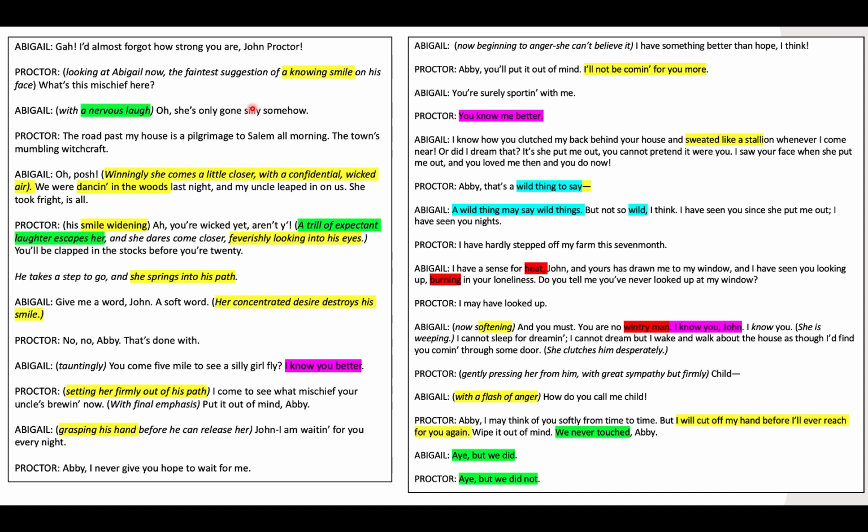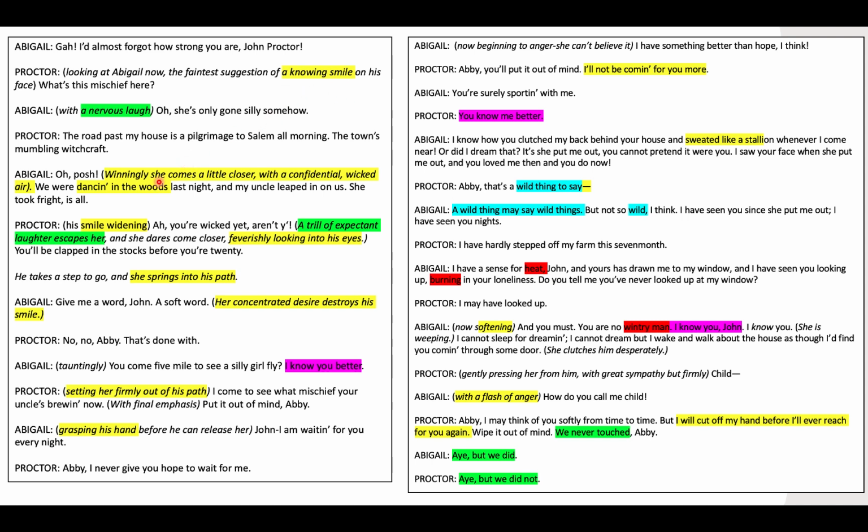And this idea of desire, a knowing smile, instantly stood out to me. So Proctor's knowing smile. Now he does change throughout this extract, so I thought it would be interesting to highlight how he initially has this quite playful, flirtatious relationship with Abigail, which actually changes very much towards the end. He's very insistent that their relationship is over, but here he's much more playful. So we have this idea of a knowing smile.